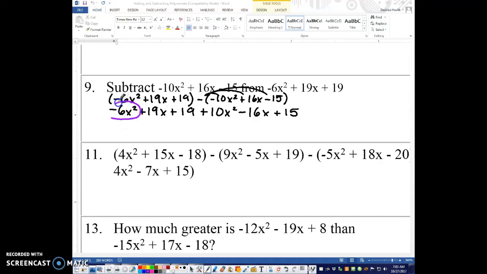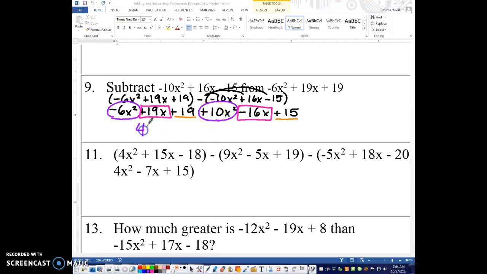All right, next step is to combine like terms. So you're in the x squared family. You're in the x family. And you're in the number family. So let's combine. Negative 6 plus 10 is what?